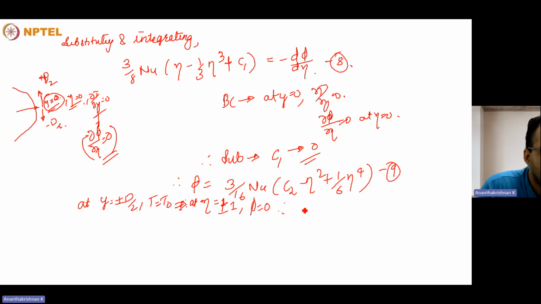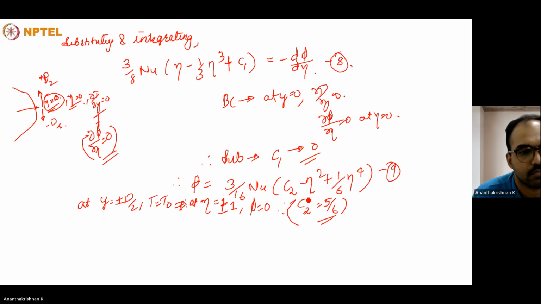Substituting eta is equal to 1 and phi is equal to 0, we'll get the value of C2. We'll get C2 is equal to 5 by 6. You just substitute plus or minus 1, it doesn't matter because the power is in the even term. So we can straight away get C2 is equal to 5 by 6 for both these roots.